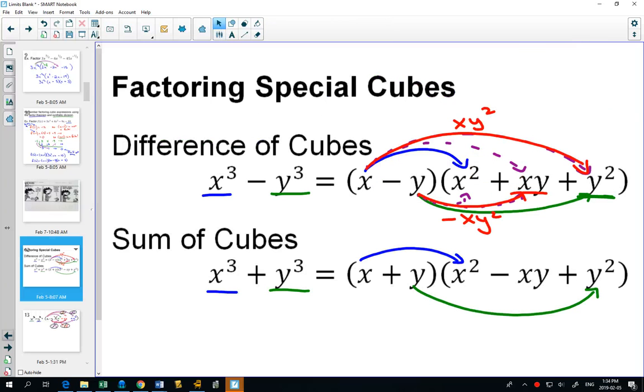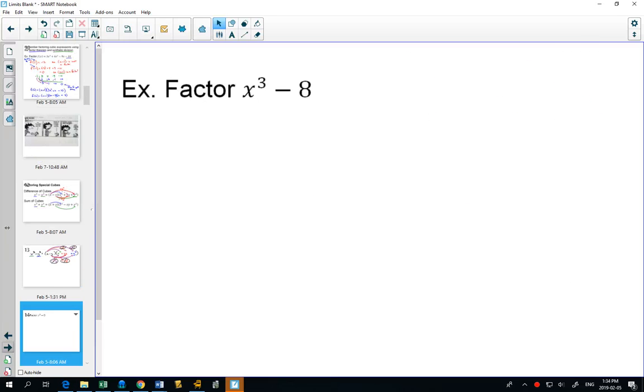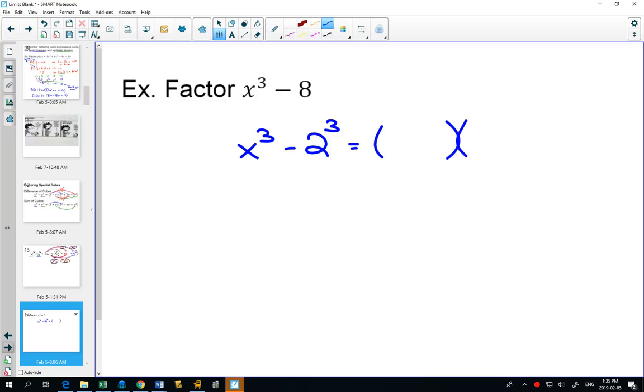So then we've got these formulas, and now we can get to some questions that involve factoring differences of cubes or sums of cubes. So you have to be able to recognize that in this case, x cubed minus 8 is the same as x cubed minus 2 cubed. So we go to factor it.